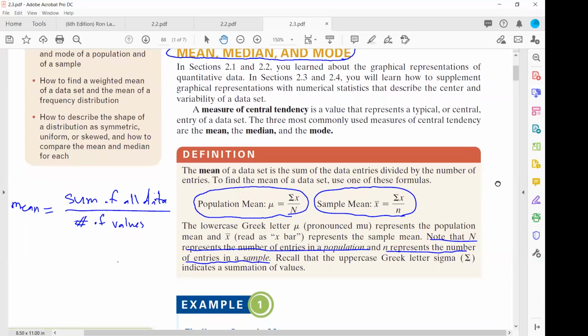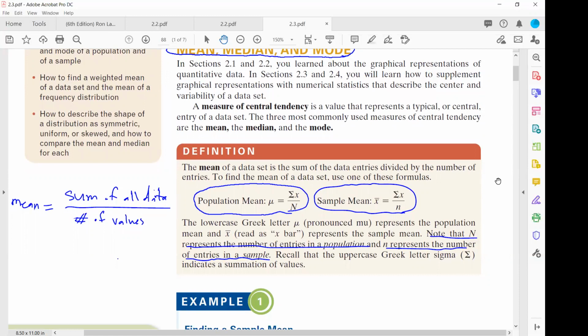You can use your calculator to find the mean of the data. It's much easier. So to use your calculator, first, turn on the calculator.